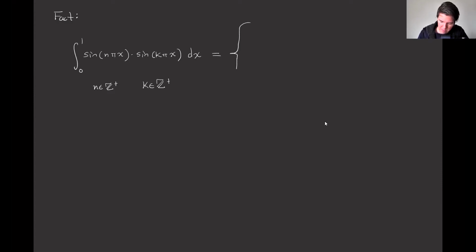Either you'll have 0, or you will have 1/2. What's nice is that you have 0 in all cases when k is not equal to n, except when it is equal to n, you have 1/2. So you have 0 almost always, with only one time when it's not 0, and then it's 1/2.